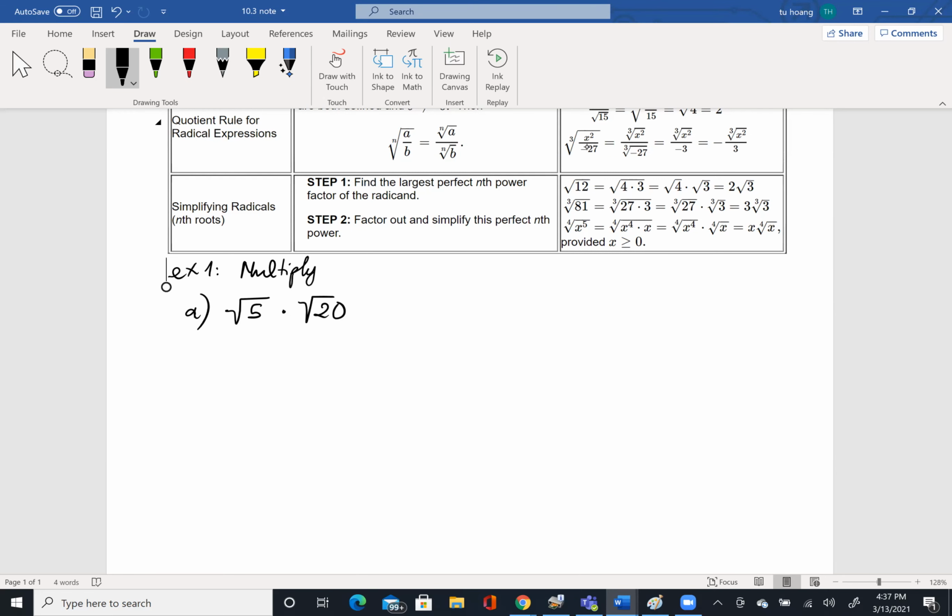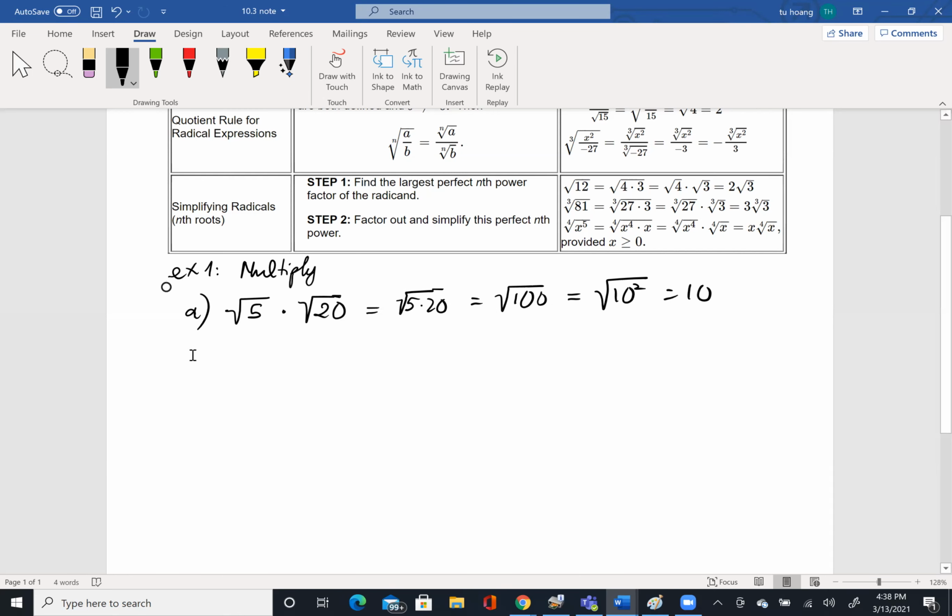And they multiply each other, and because they are both square roots, they have index as 2. So then you can combine it. We're gonna be square root of 5 times 20, and that gives you 100. Square root 100, you use calculator, or you know that it's going to be square root of 10 squared, going to be 100, will be 10.